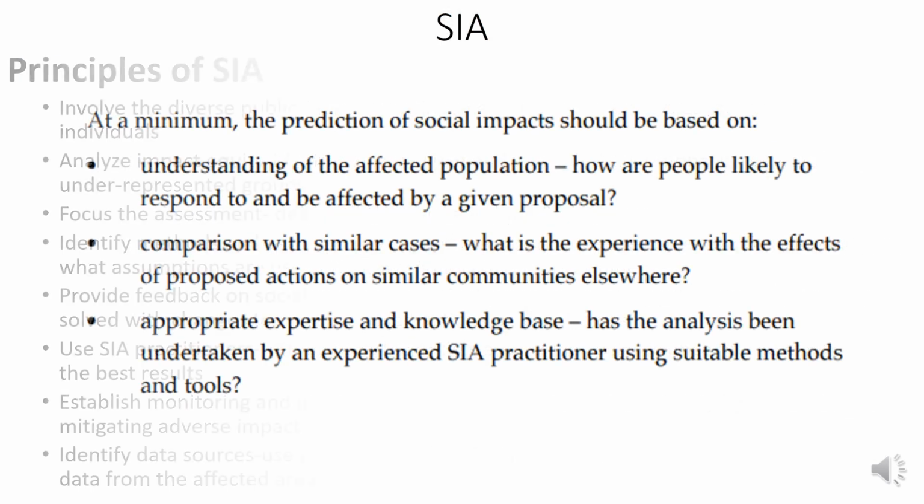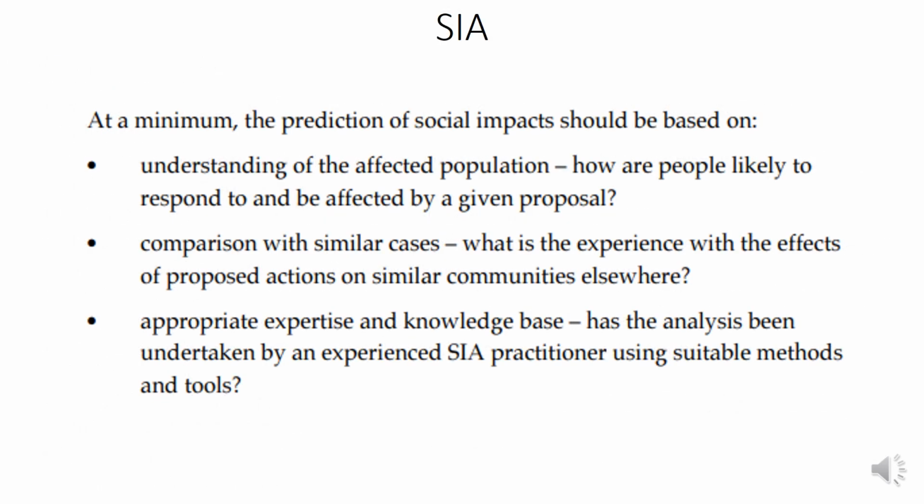So some of the principles of social impact assessment. So normally at minimum, when you are predicting social impact, you need to understand the affected population, how people are likely to respond to and be affected by the given changes. Again, you also need to look at comparison with similar cases. Maybe that project has been done somewhere else.